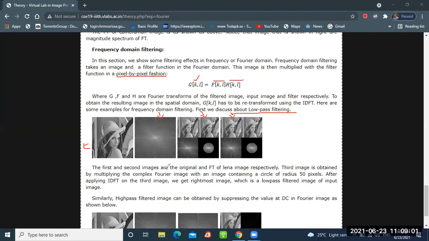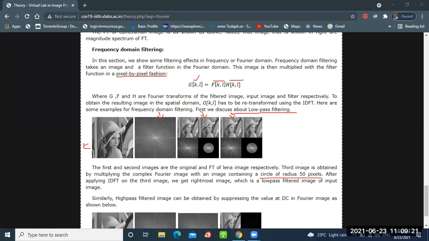The first and second images are the original and the FFT of Lena. The third is obtained by multiplying the complex Fourier image with an image containing a circle of radius 50 pixels.